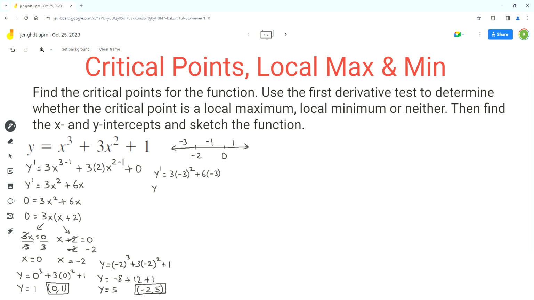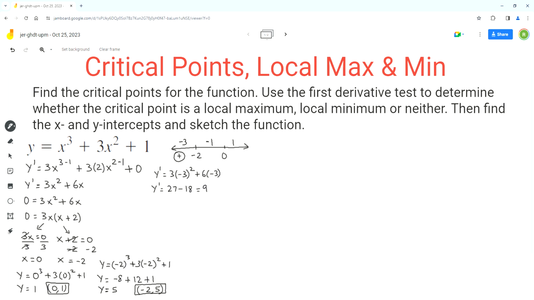So we get y prime: -3 squared is +9 and 3 times 9 is 27, and then 6 times -3 is -18. So we get 9, which is a positive number. That means to the left side of the critical number -2, the y prime is positive. That means the function is increasing on the left side of -2.